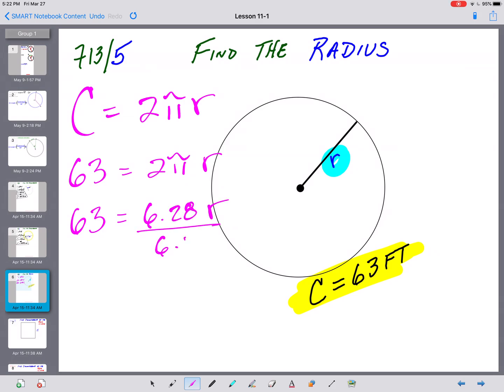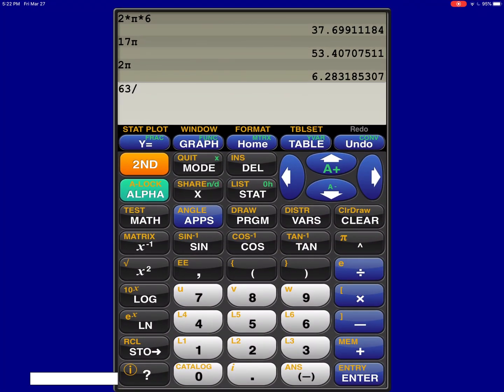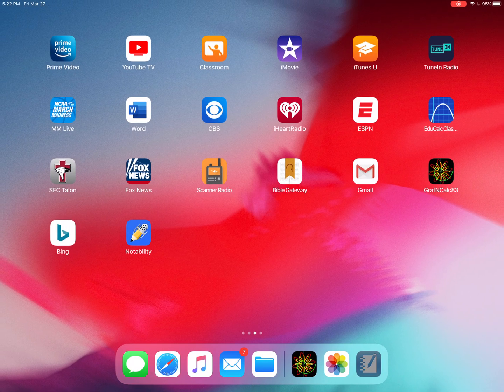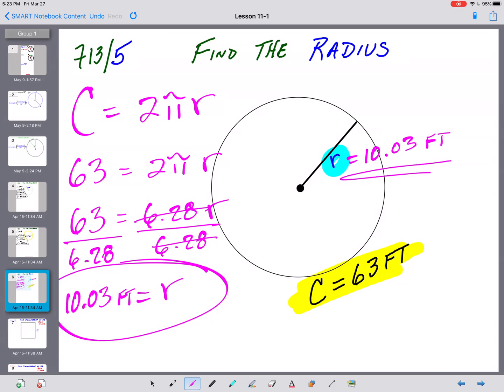Divide by 6.28 on this side, divide by 6.28 on this side. 63 divided by 6.28, there we go, 10.03. Any units on this one? Yes, it's feet. We found the radius is just over 10 feet.